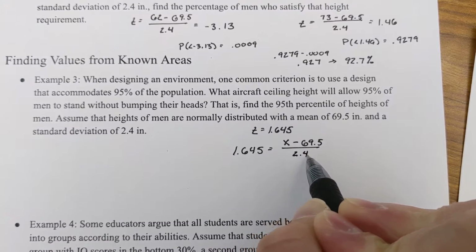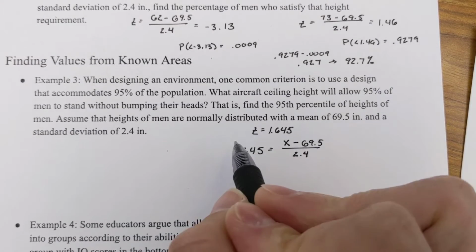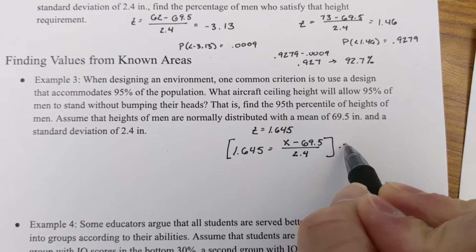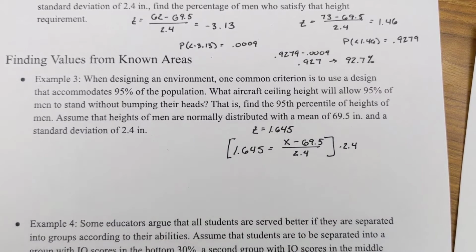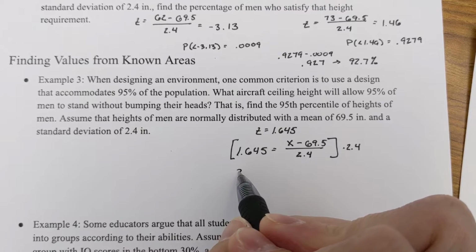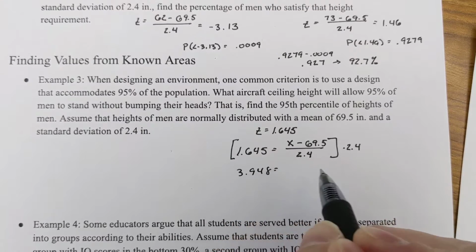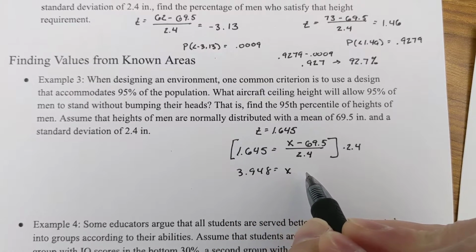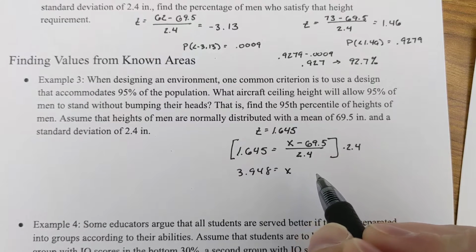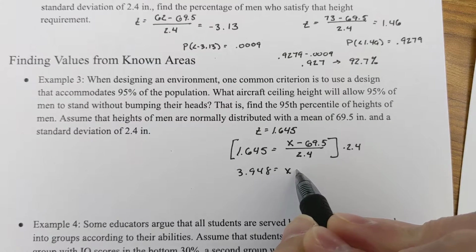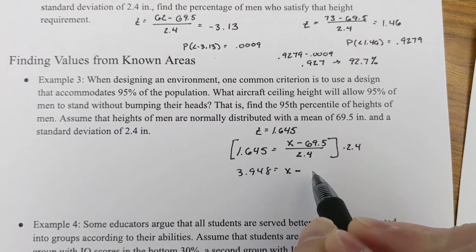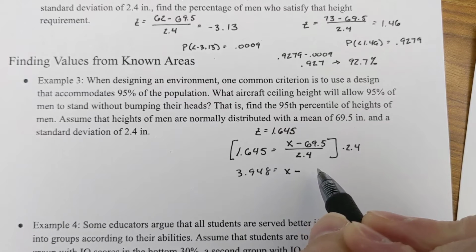the standard deviation, 2.4. So to solve this, I've got to get rid of the fraction first. So every value is multiplied by 2.4. So 1.645 times 2.4, that's 3.948, is equal to x minus, I feel like I'm doing something wrong here.